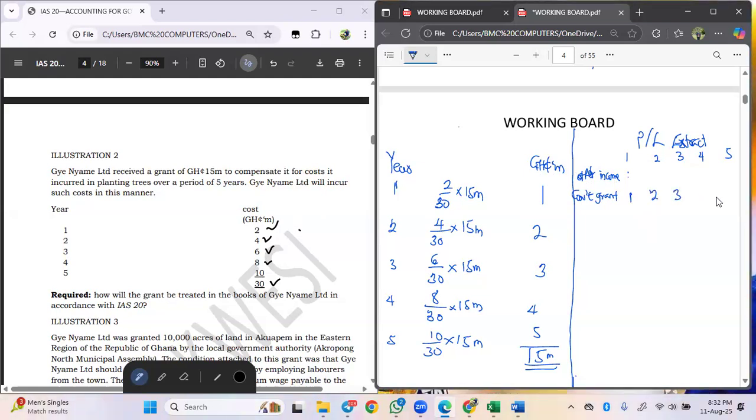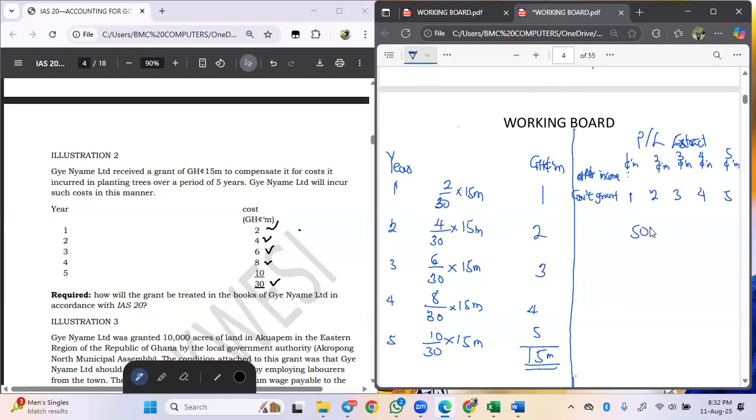Year 3, 3 million. Year 4, 4 million. Year 5, 5 million. So this is as simple as that. We don't have any depreciation. This is just revenue expenditure, so we are not going to calculate depreciation.